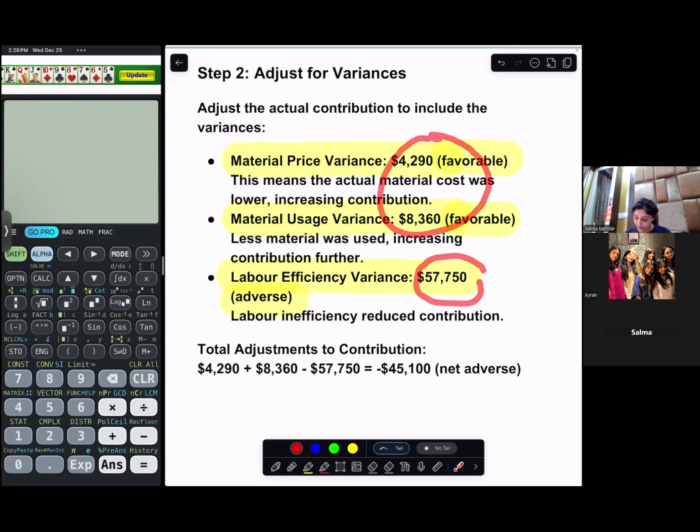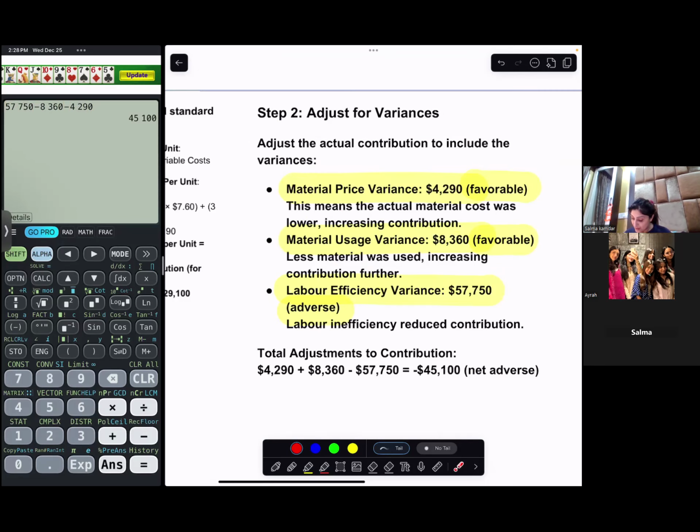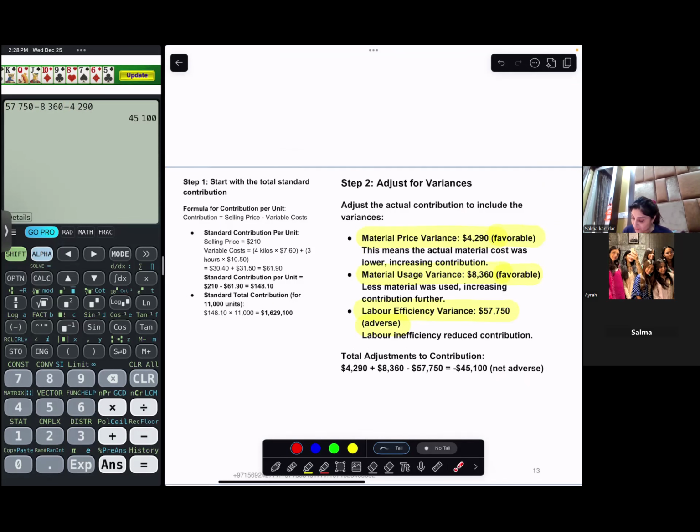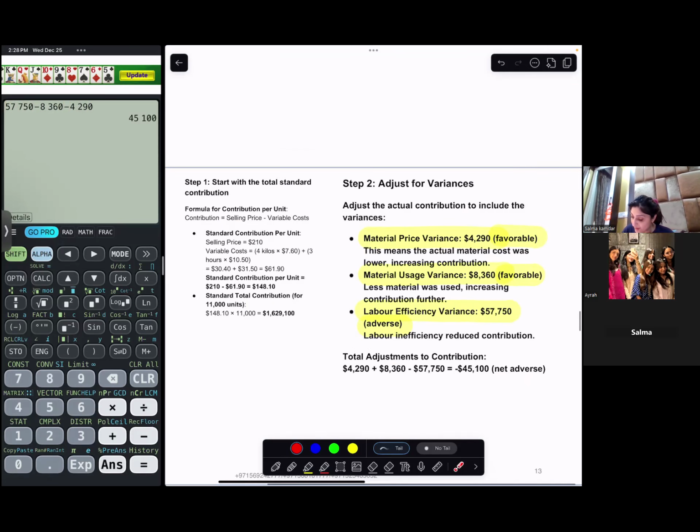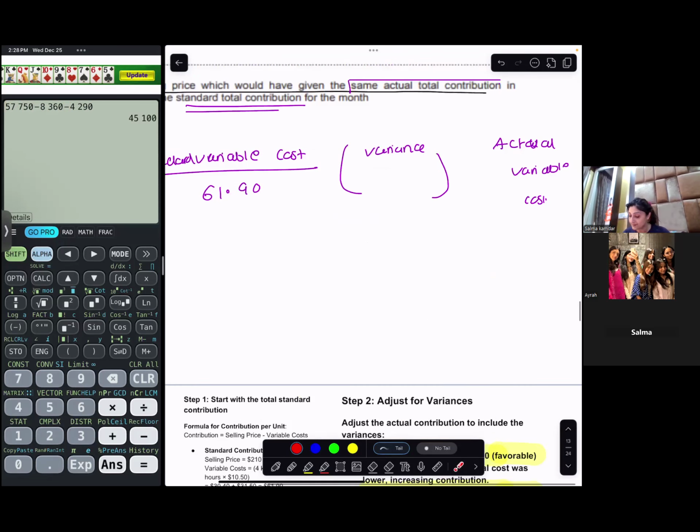So if I adjust, 57,750 minus 8,360 minus 4,290, I am getting a net adverse of 45,100. This net adverse of 45,100 is spread over how many units? 11,000 units.